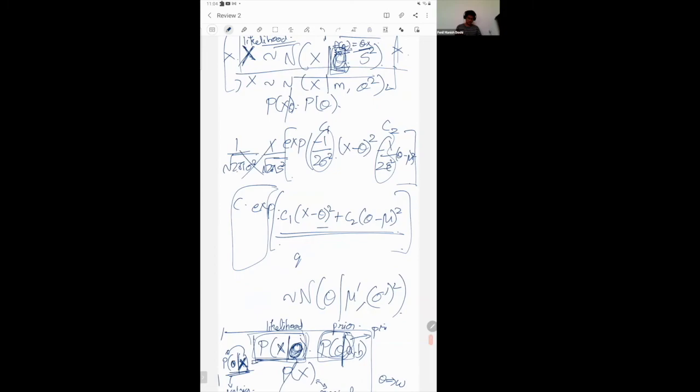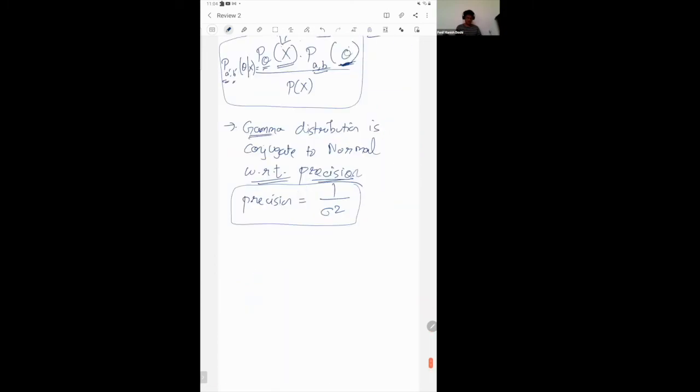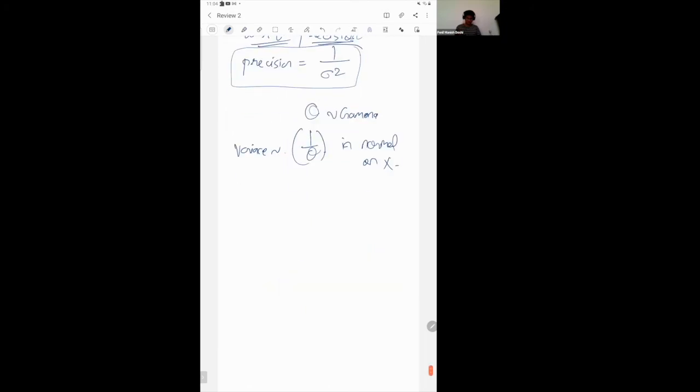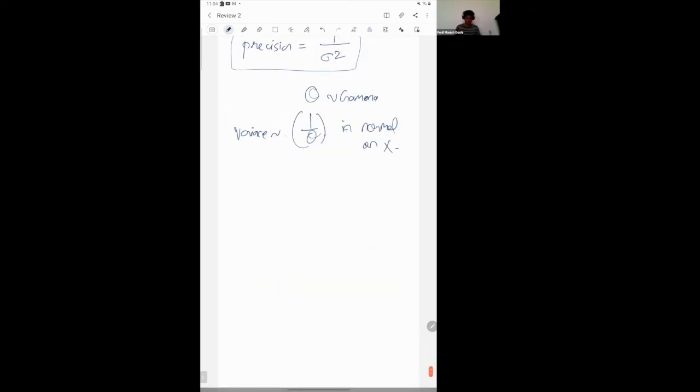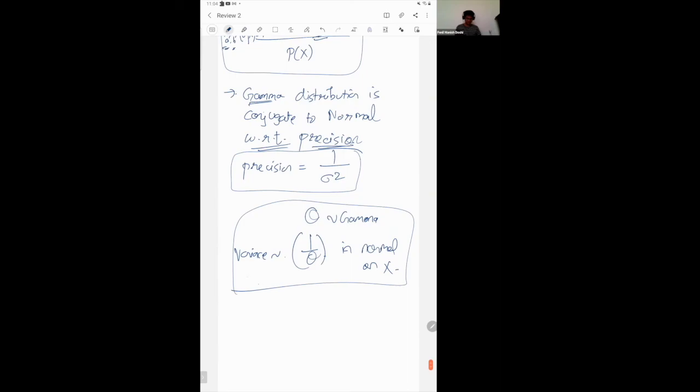So here the prior on theta would be a gamma distribution, and now 1 by theta would be the variance in the normal on x. So you can try to prove this at home. I hope the question is clear.